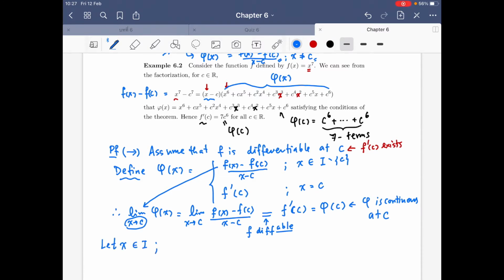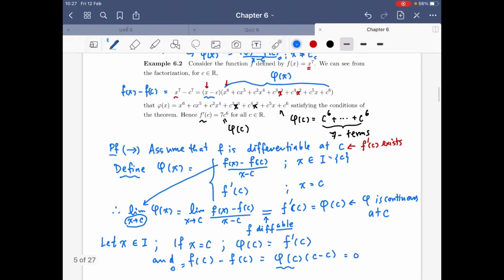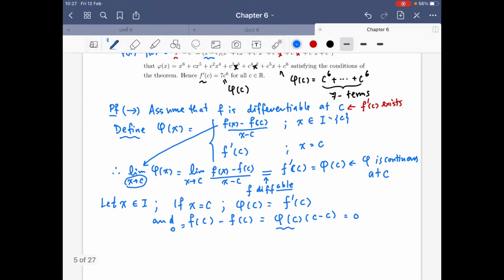So look at x in I, okay. We know that if your x equals c, then your phi c of course equals f prime c already, and f c minus f c equals f prime c times c minus c, because this one is 0, this one is also 0, right? Okay, so we got this equation.